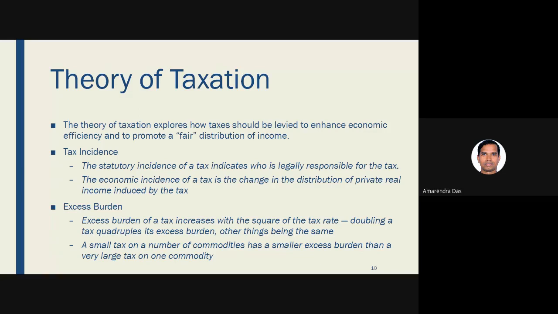We discussed the economic incidence and the legal or statutory incidence. The statutory incidence of a tax indicates who is legally responsible for the tax, but the economic incidence of a tax is the change in the distribution of private real income induced by the tax.